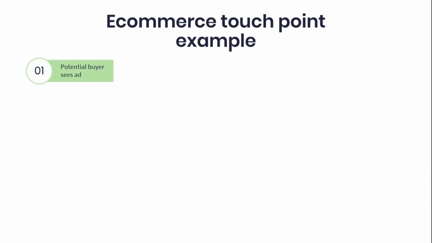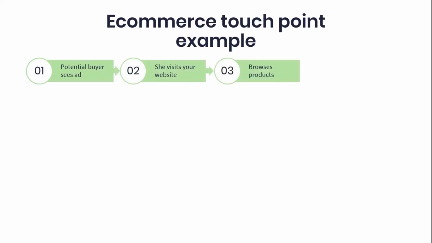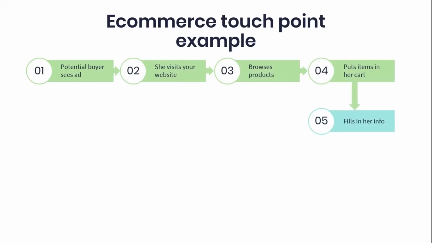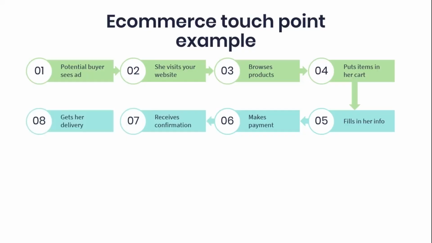Let's say a potential buyer sees one of your ads, searches for the product and sees an ad, right? She visits your website and browses through your products and puts them in her cart. She then fills out her information and then makes a payment for which she has received confirmation. A few days later, her purchase is delivered and she gives a review based on her experience.